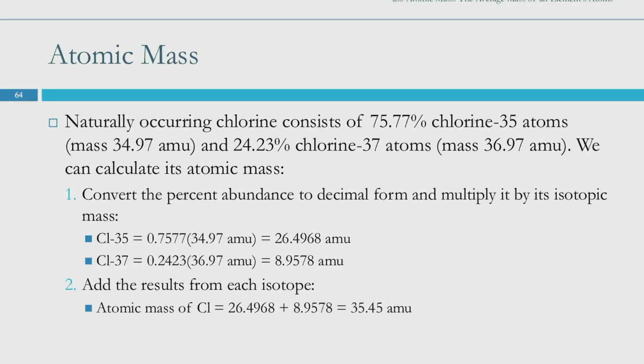You don't have to memorize any of the AMU masses or percentages. So it's mostly chlorine 35 atoms, which have a mass of 34.97 AMUs. The rest of it is chlorine 37 atoms, which have a mass of 36.97 AMUs. And so we can calculate atomic mass.